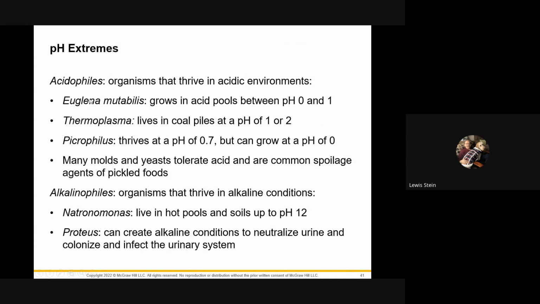We have some extreme ones. The only one of these that is classically an alkalinophile likes higher pH, to neutralize urine and colonize and infect the urinary system.